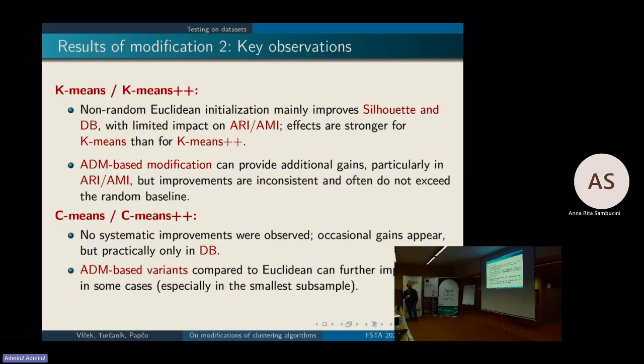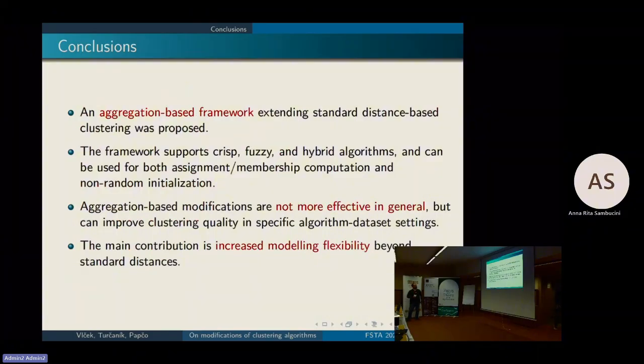But the winner of the baseline was not overwhelmed. So this modification has limits on these data sets, I think. It was not more effective in general than baseline, but these modifications can improve clustering quality for specific algorithm and dataset combinations. And the main contribution is increased modeling flexibility beyond standard distances.